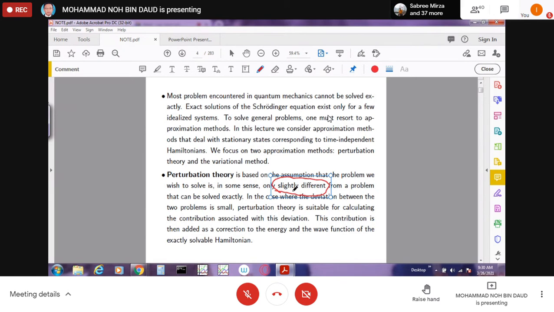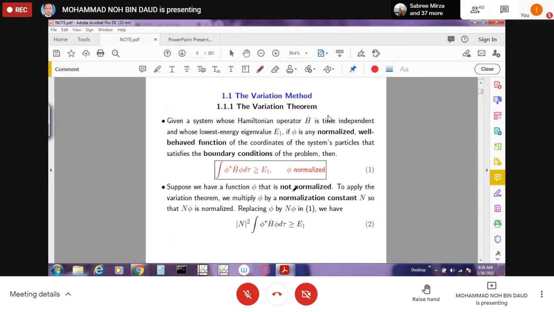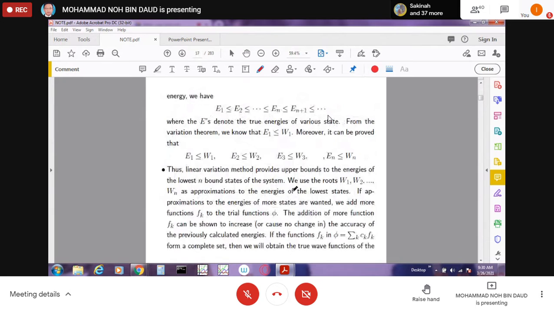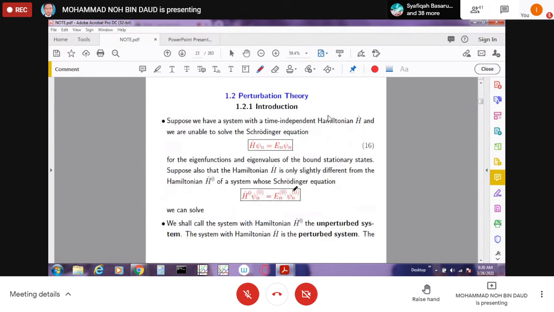So we have this unsolvable Schrödinger equation, let's say in one dimension for an anharmonic oscillator.